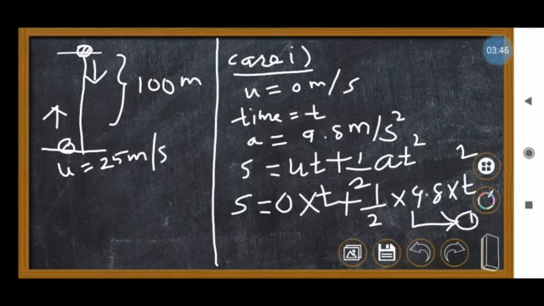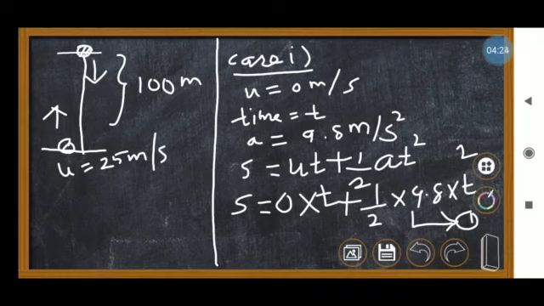Can you understand? When you are dropping the object from a certain height, your initial velocity is 0 meter per second, and both stones meet at time t. I have taken time equal to t, and a equal to 9.8 meter per second square. So s equal to ut plus half a t square. Substituting, 0 into t is 0, so s equal to half into 9.8 t square.